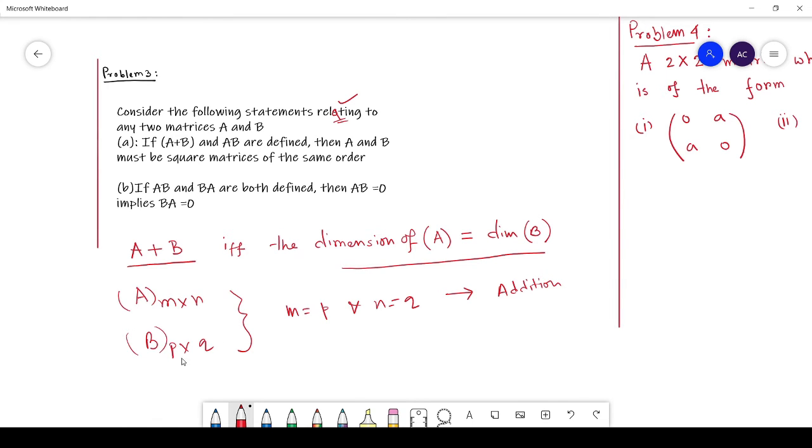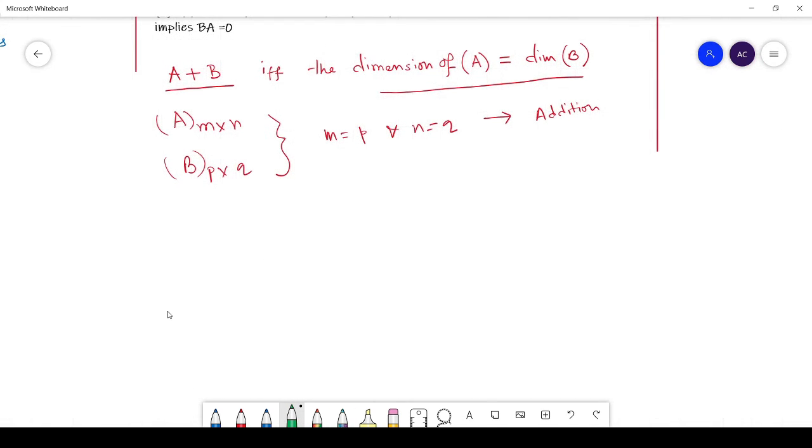Okay, now let's see for multiplication. It is also given that A into B is defined. A into B is only defined if A is of order, say, n1 cross n2, then B must be of order n2 cross n3. These two entries must be the same, otherwise the multiplication cannot be defined.